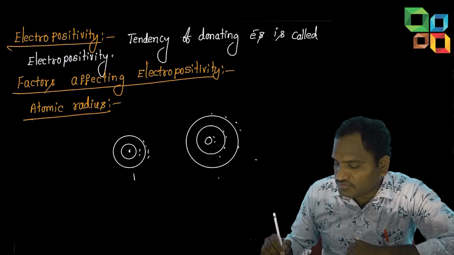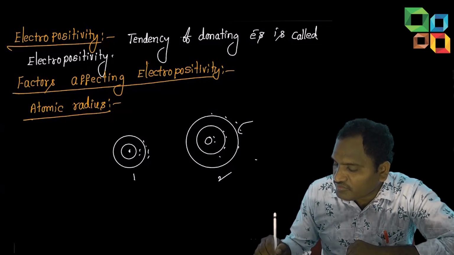See here, first atom, second atom. Second atom we can remove electrons easily.